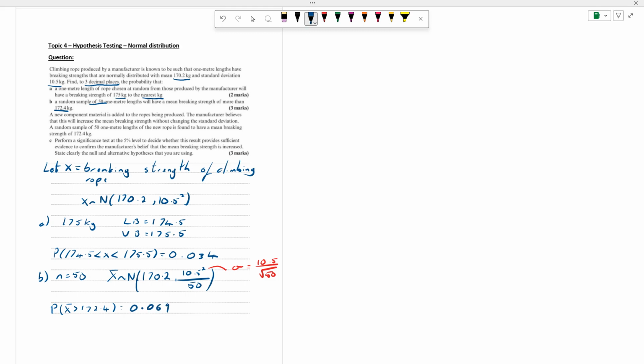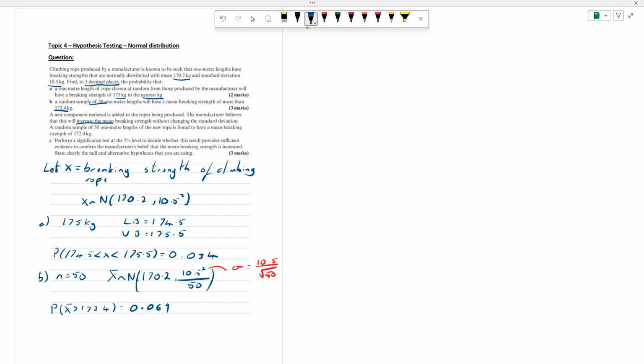Right. Now, part C, and this little bit of information before it. This is my hypothesis test. Now you'll notice it's only worth 3 marks, so we'll talk about that. But let's get all the information that we need first. So a new component material is added to the ropes being produced. The manufacturer believes that this will increase the mean without changing the standard deviation.